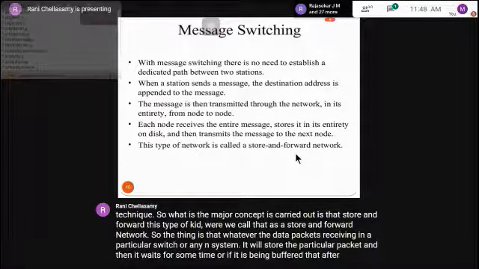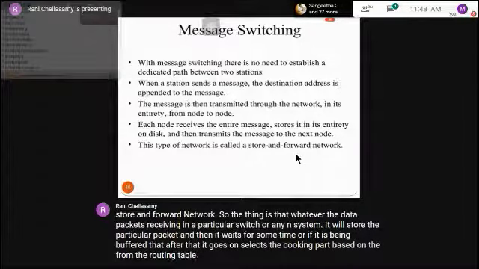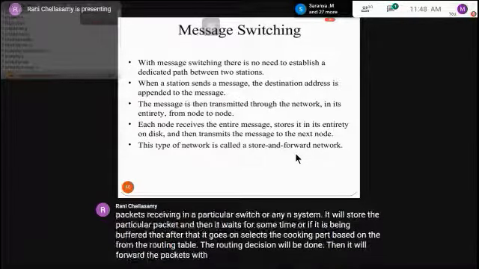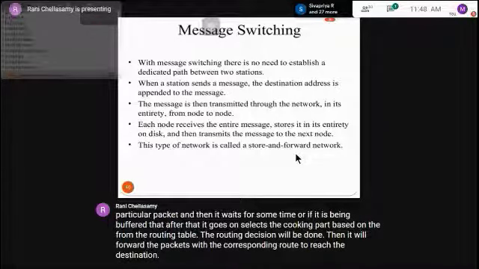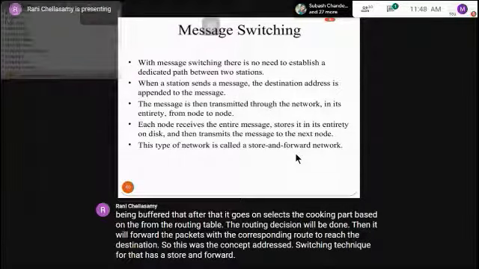After that, it selects the routing path from the routing table. The routing decision will be done. Then it will forward the packets along the corresponding route to reach the destination. So this was the concept in the message switching technique. We call that the store and forward approach.